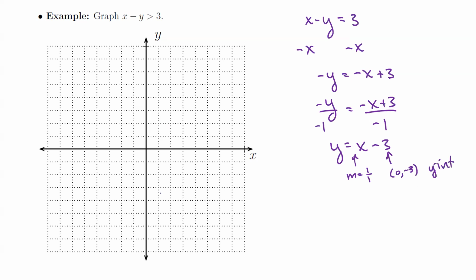However, whenever we have a strict inequality without the equal sign underneath, we're going to use a dashed line. And that reminds us that we're not ever going to allow ourselves to actually be on the line, right? Because we can't have it be equal. It's got to be greater than 3.